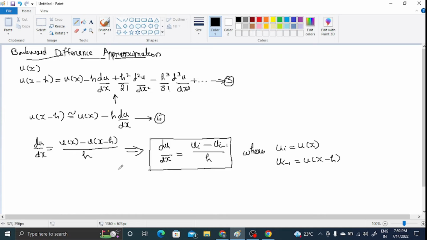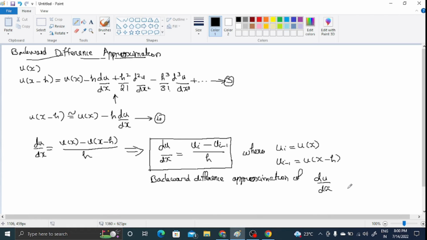So this representation is known as the backward difference approximation of du by dx. Is it okay, all of you?